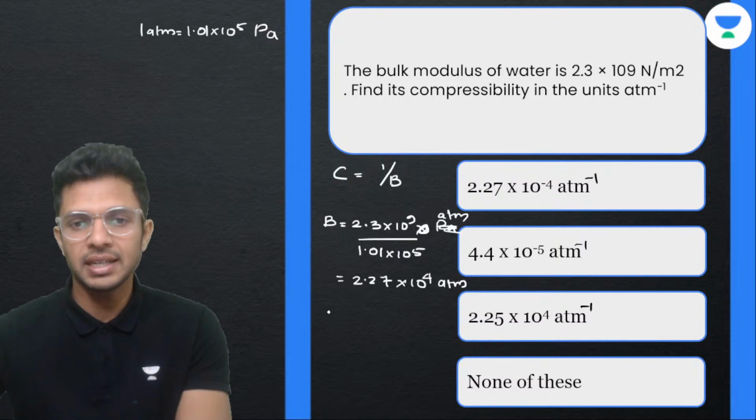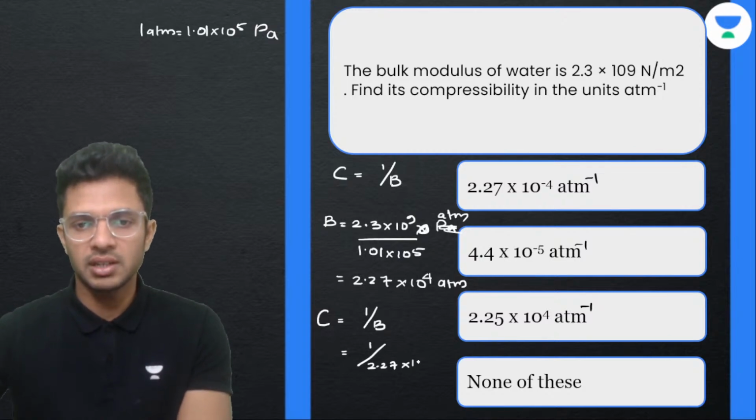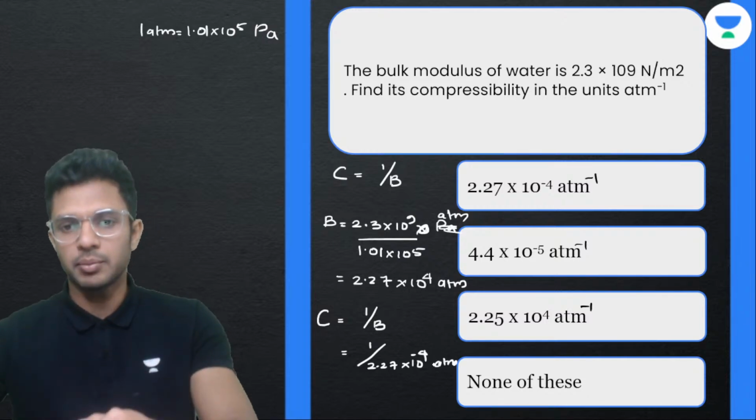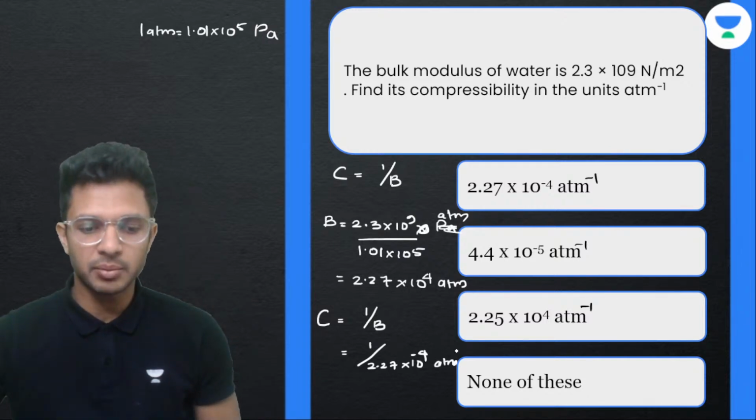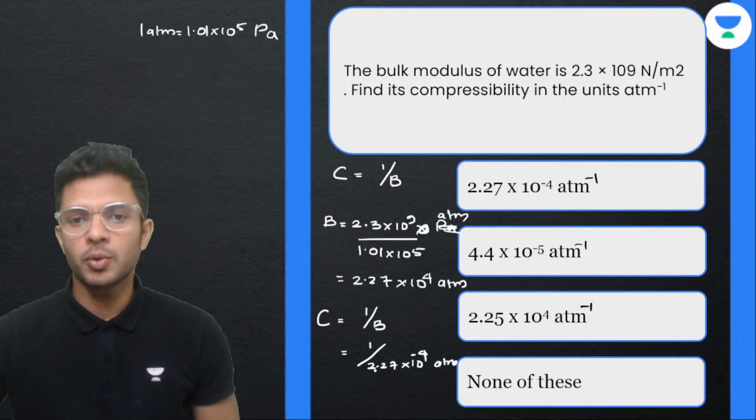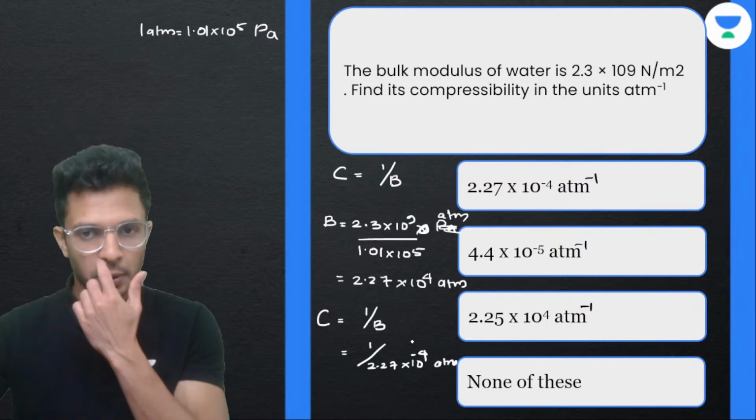So compressibility is not a big task. Compressibility is equal to 1 by bulk modulus, that is 1 divided by 2.27 into 10 power 4 atmosphere. It is 1 by atmosphere, so it becomes atmosphere inverse.